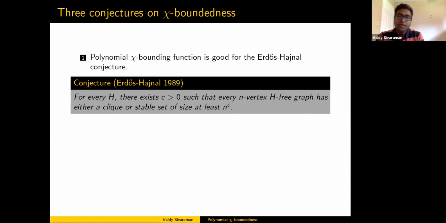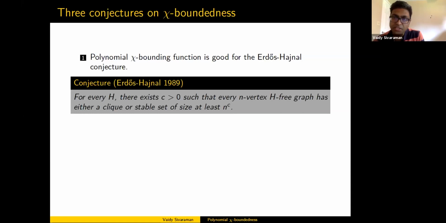But this connection between the chromatic number and the clique number actually implies a conjecture of Erdős-Hajnal, which states that whenever you exclude any graph H as an induced subgraph, the size of the largest clique or stable set just becomes very big, polynomial, meaning n to the c. And it works for any H. That's the conjecture.